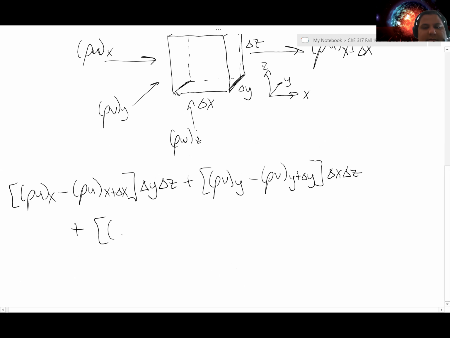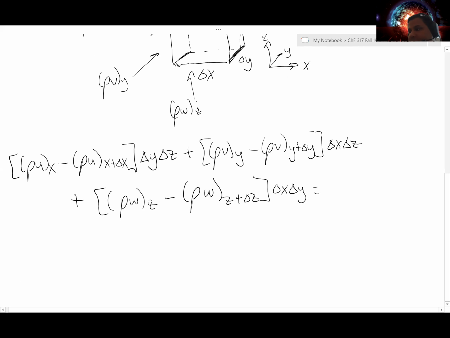Plus rho w z minus rho w z plus delta z, times delta x, delta y, equals delta x, delta y, delta z times del rho del t, with this being a partial derivative.